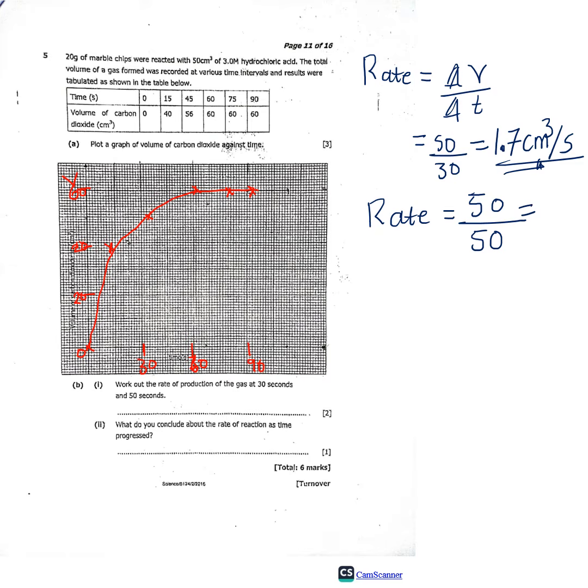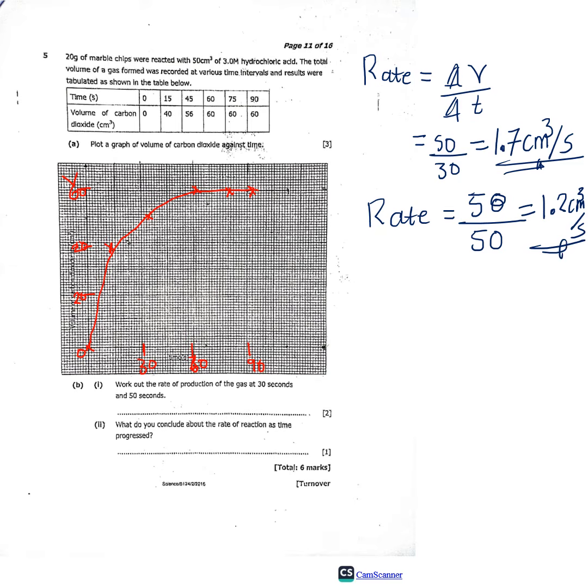So 58 divided by 50, here we get 1.2 cubic centimeters per second.